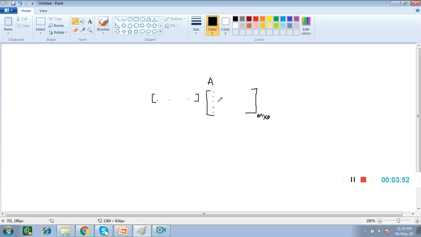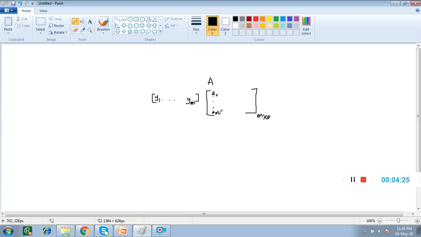The number of rows is m, so certainly we should have m elements. Let's say this is y1, y2 and so on, up to ym, multiplied with the column a11 up to am1.